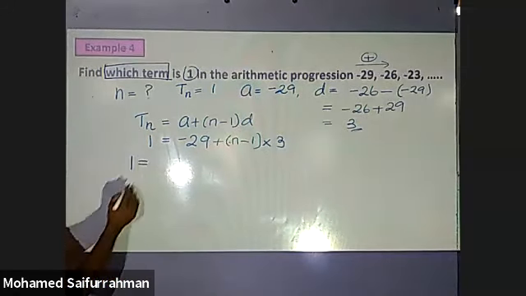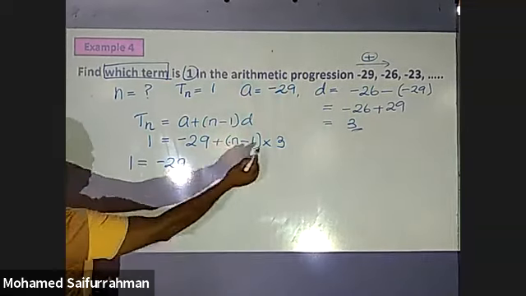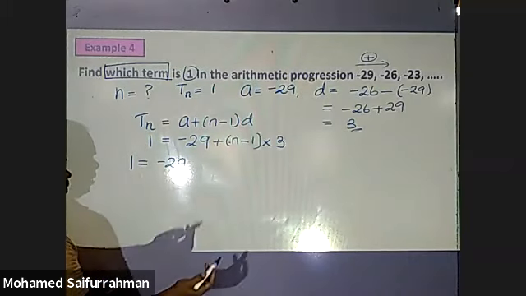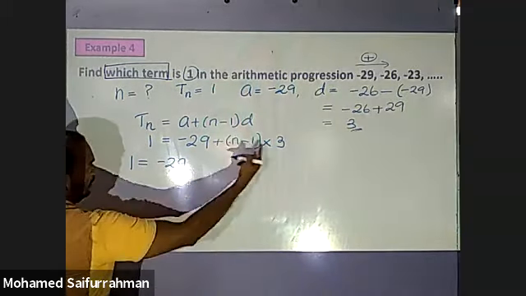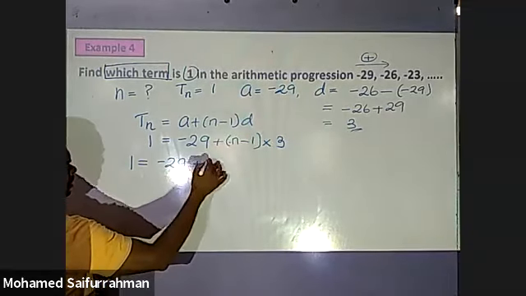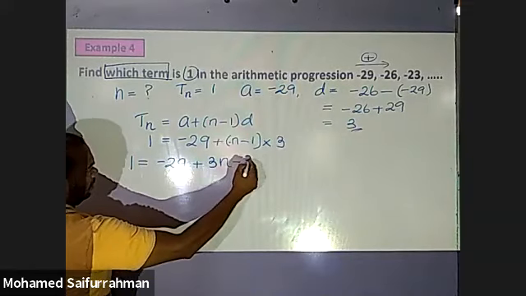So 1 equals minus 29, and you should remove the bracket. According to the BODMAS order, the multiplication with the bracket: 3 times n is 3n, 3 times minus 1 is minus 3.